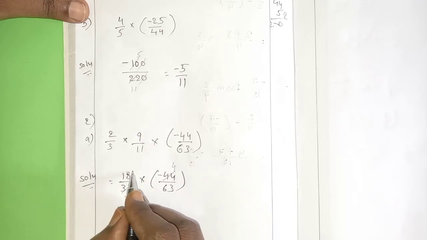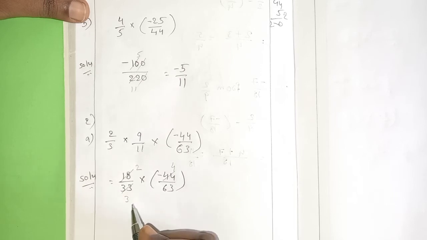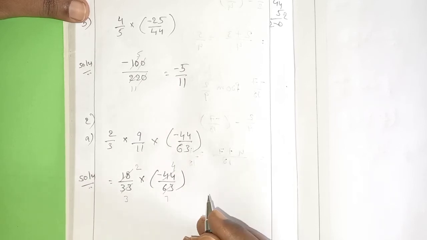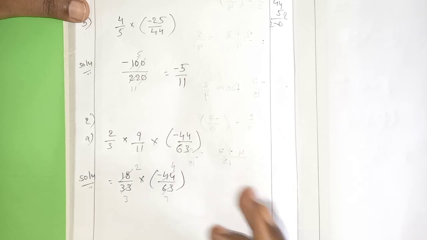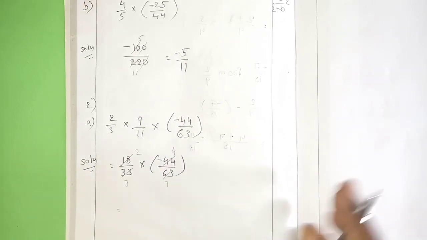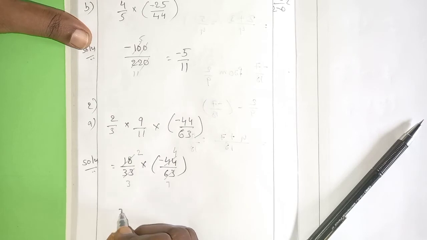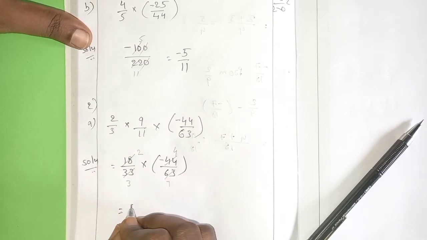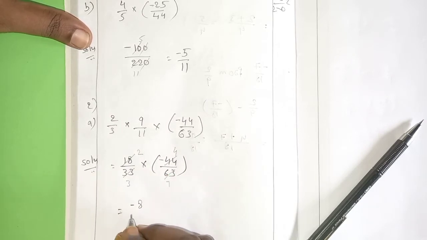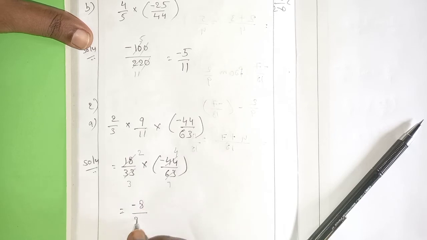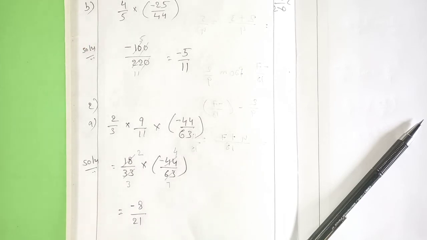Next, 9 2s are 18, 9 7s are 63. Now calculate. 4 2s are 8, minus is there, 8 by 7 3s are 21. So the answer is minus 8 by 21.